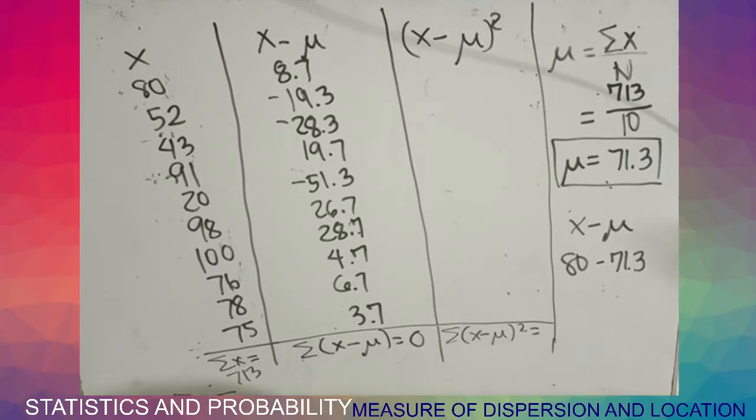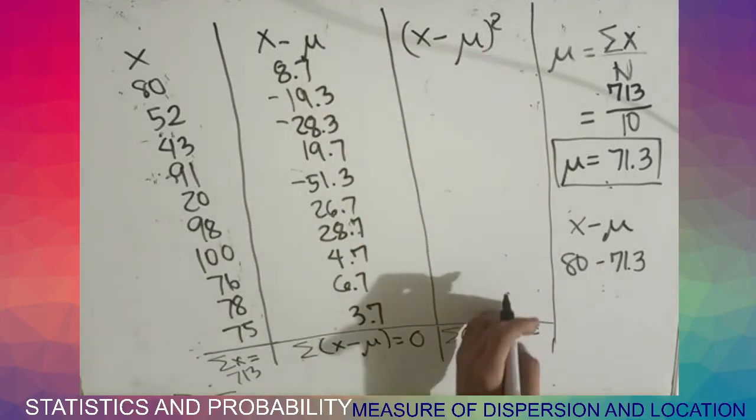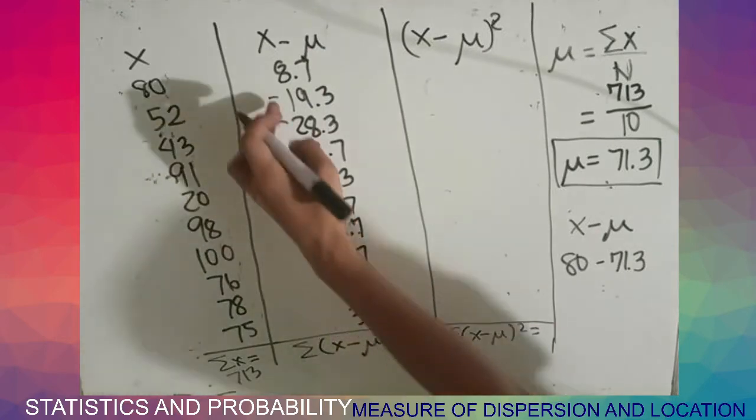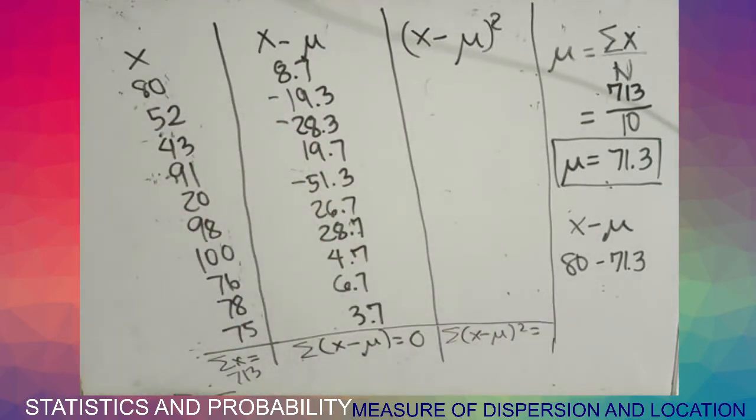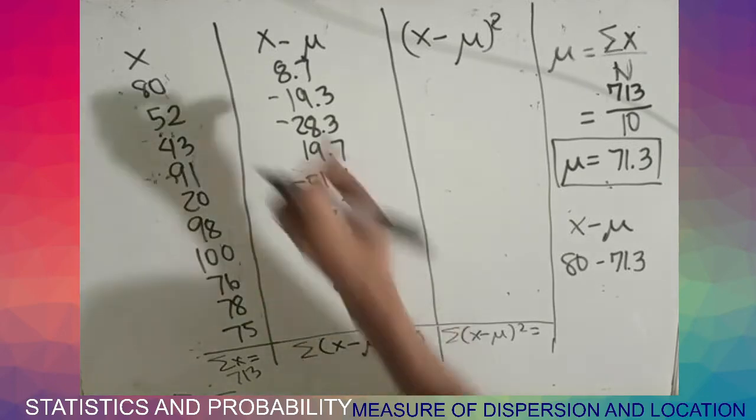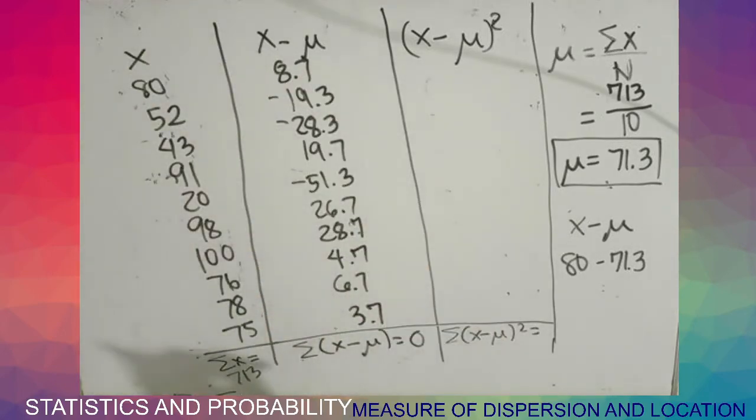Meron kasi 'di ba sa mga scientific calculator may squared doon. Okay? So para hindi kayo malito, tanggalin niyo muna negative para lahat ng sagot dito ay positive. Kasi 'di ba, negative times negative is positive. Para hindi kayo masyadong malito sa computation. So 8.7 times 8.7.